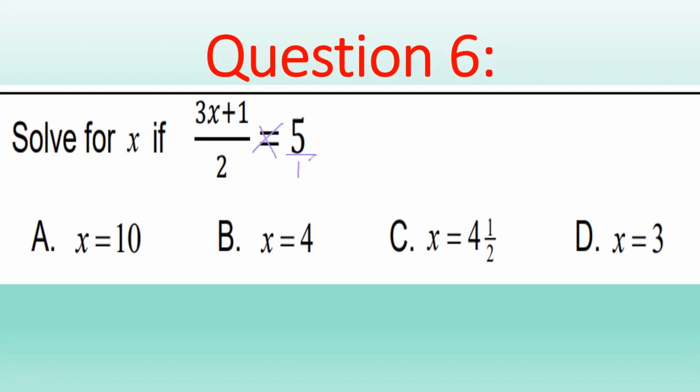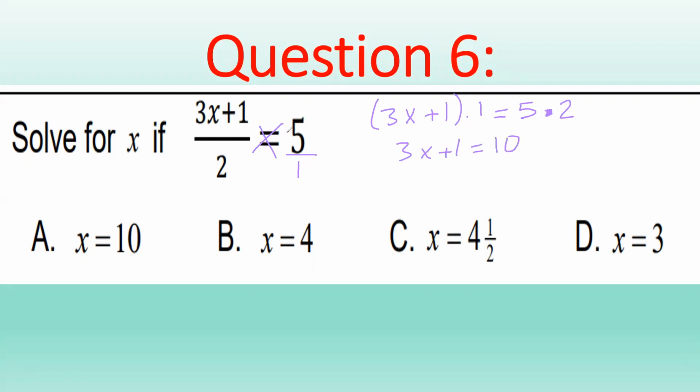You can do it this way. So (3x + 1) times 1, you don't even need to write it, it's fine. And 5 times 2 is 10. Let's use dots, otherwise you have x there. 5 times 2. And 3x + 1 is equal to 10.